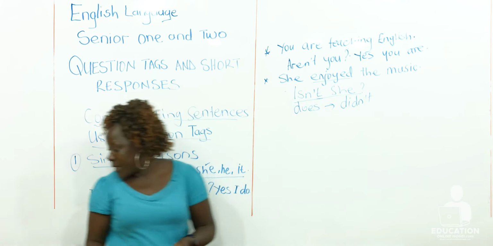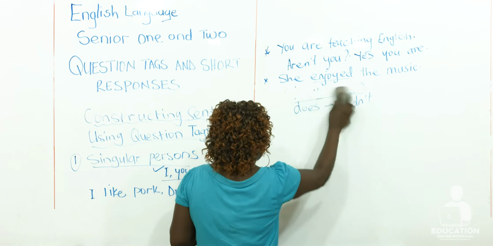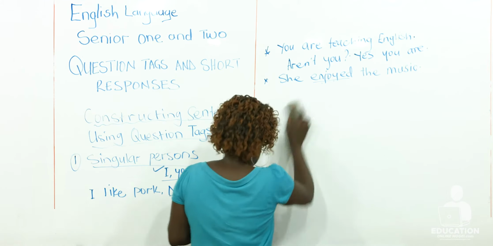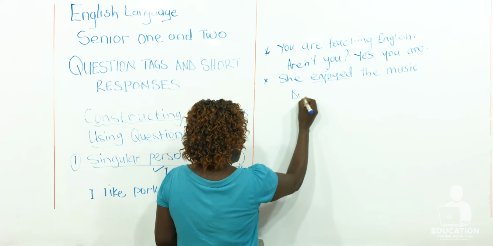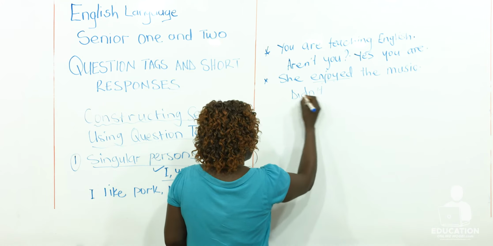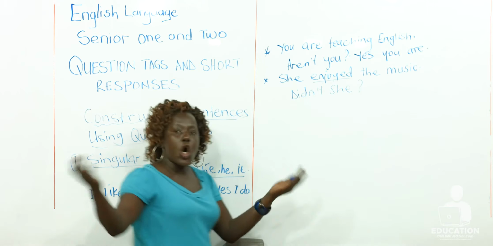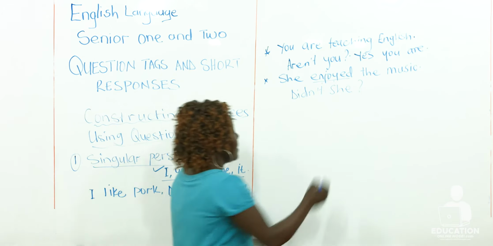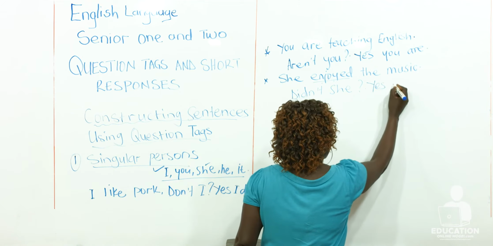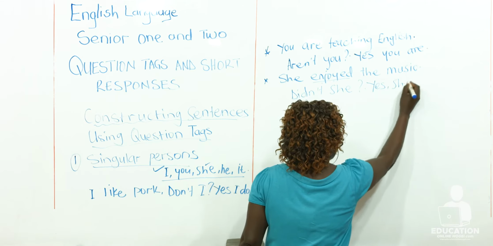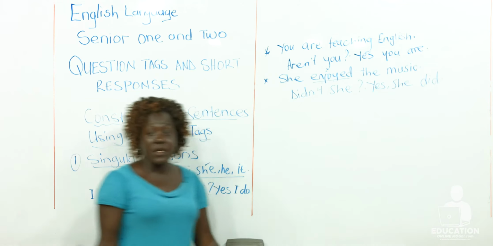So the correct form will be, you will ignore all this and come down and say, "didn't she?" Meaning, did she not, in the past? Then you'll come here and say, "Yes, she did."